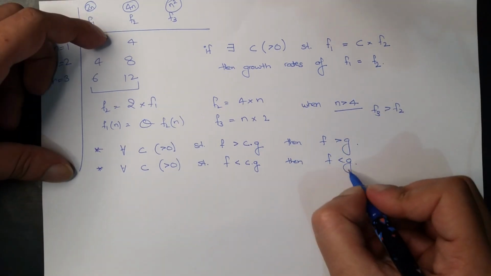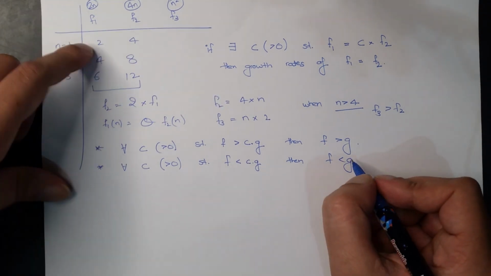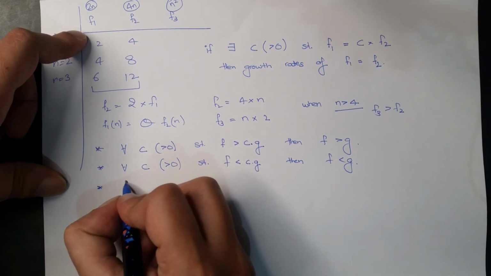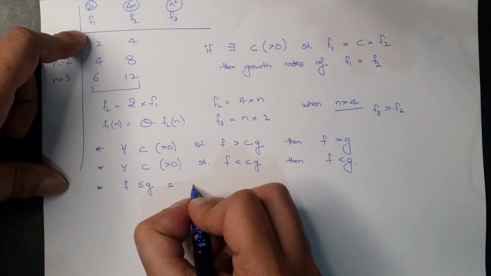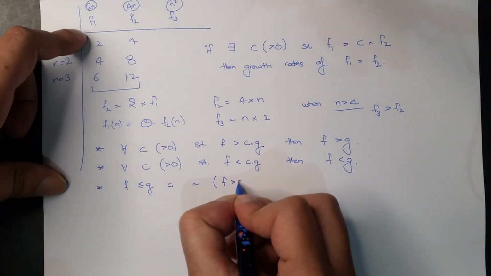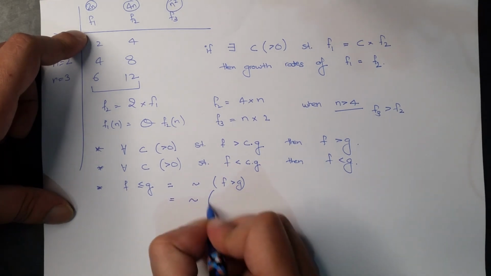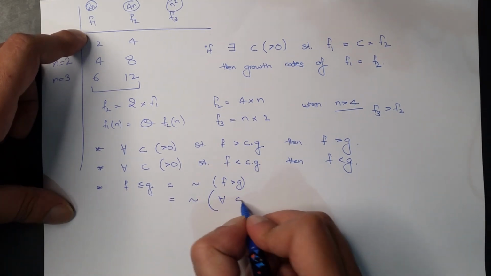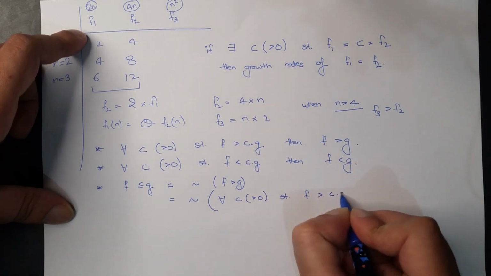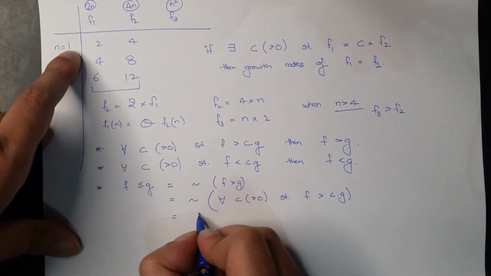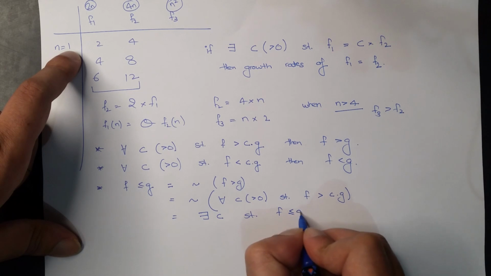These are the cases of greater than and less than. For the cases of greater than or equal to and less than or equal to, what we can do is f less than or equal to g is the same as not of f greater than g, which is not of for every c greater than 0 such that f is greater than c dot g. This would become there exists c such that f is less than or equal to g.